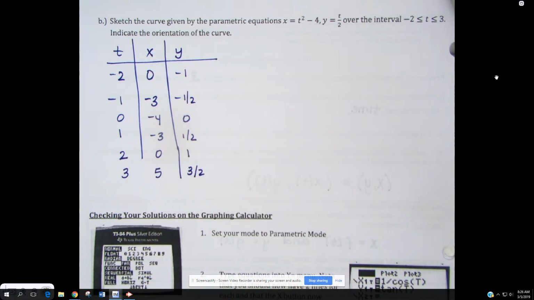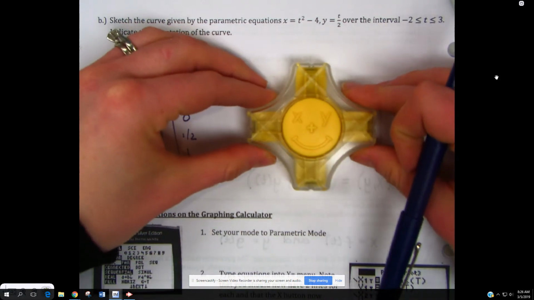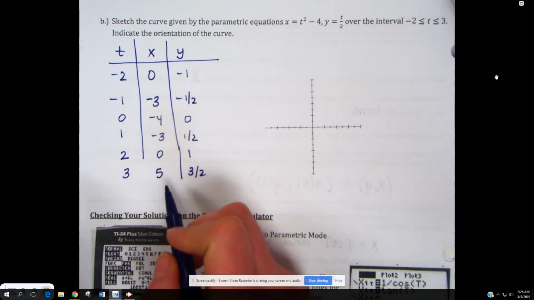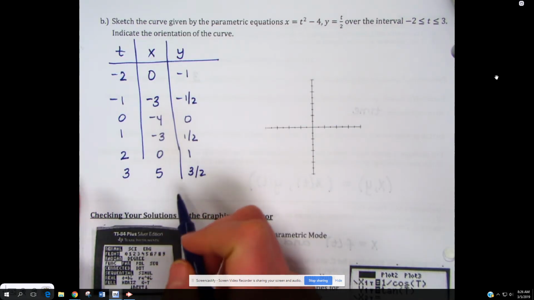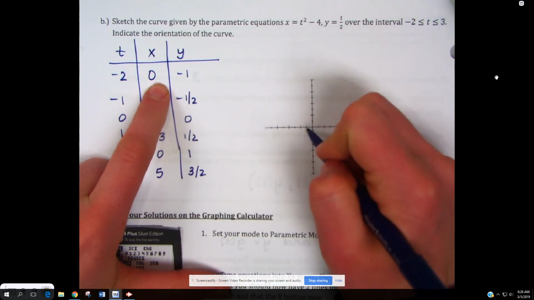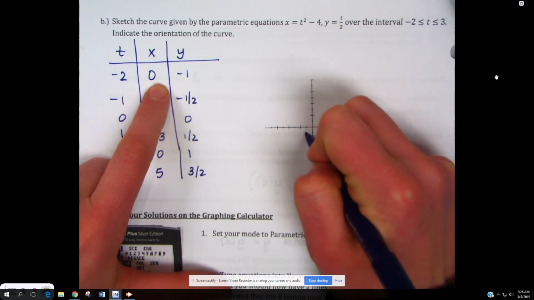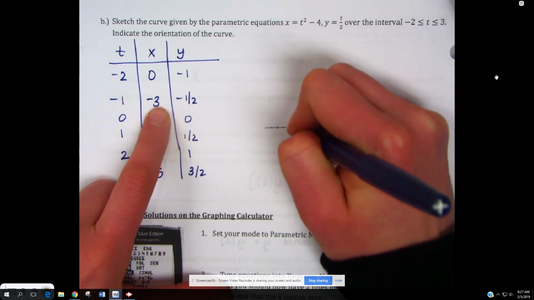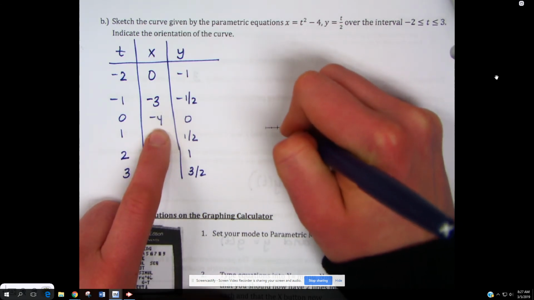And same thing, I'll go ahead and plot my points. I'm only, again, plotting the X's and Y's as listed, and I'll take care of the T's with my orientation arrows. So 0, -1, -3, 1, 2, 3, right about here, right about there.